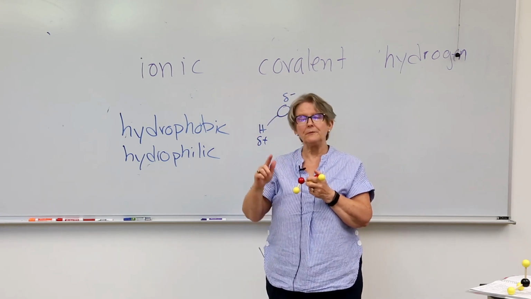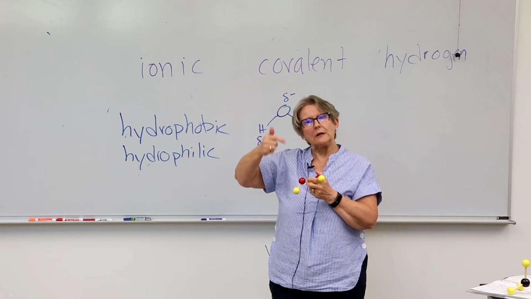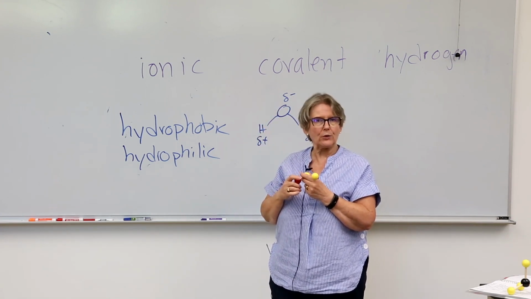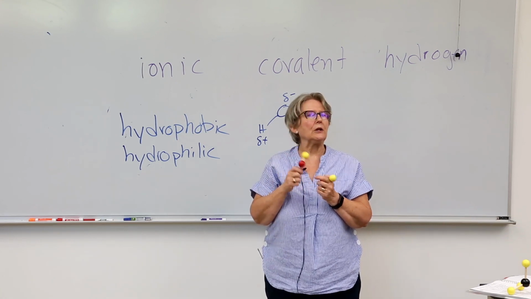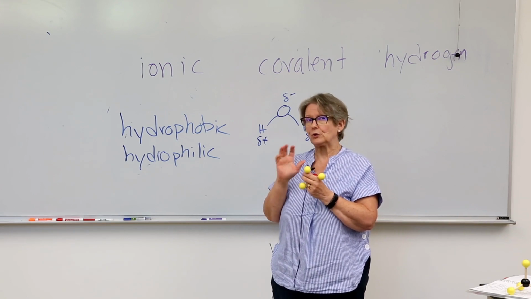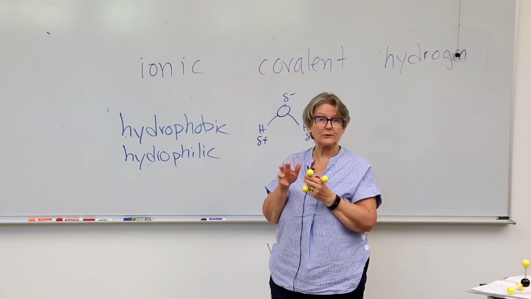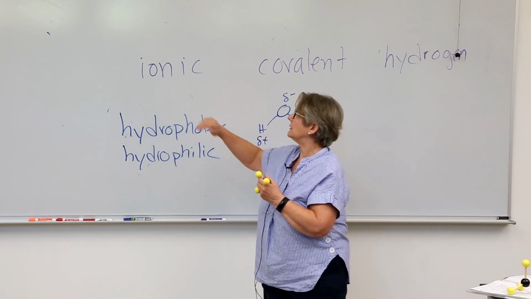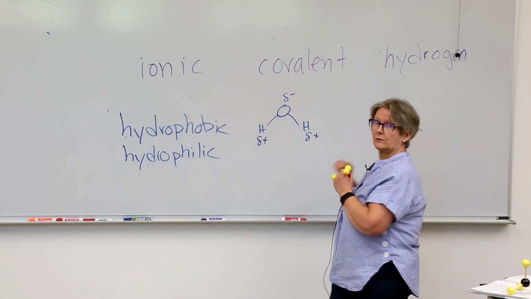You've all seen the spiral. Well, it's held together between the layers by hydrogen bonds. There's a lot of polarity going on. So hydrogen bonding is really important for water, but it's also very important for the three-dimensional shape of many of our biological molecules, like DNA and proteins. So three kinds of bonds: ionic, covalent, hydrogen.